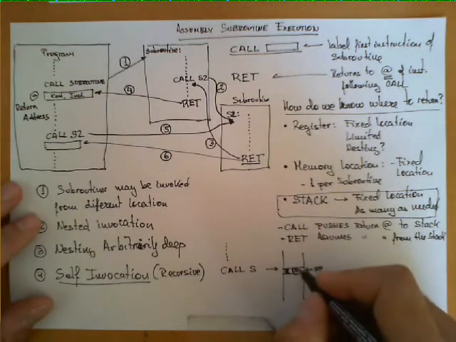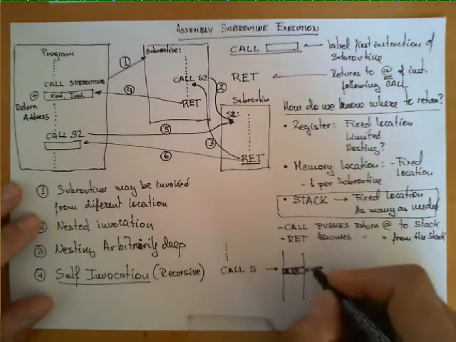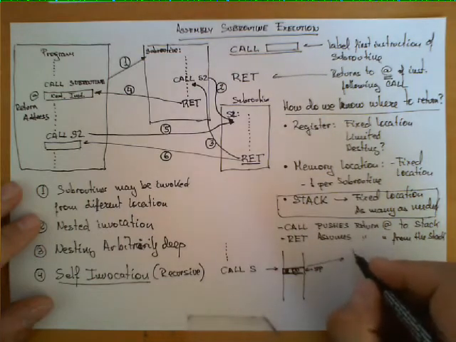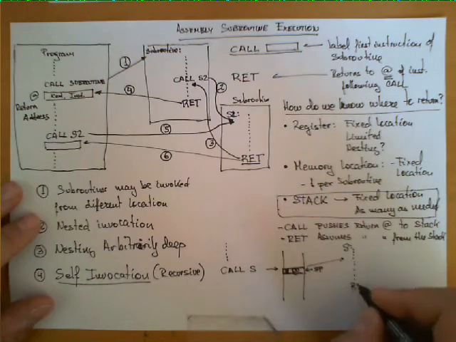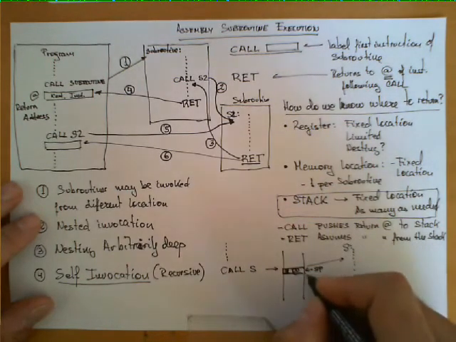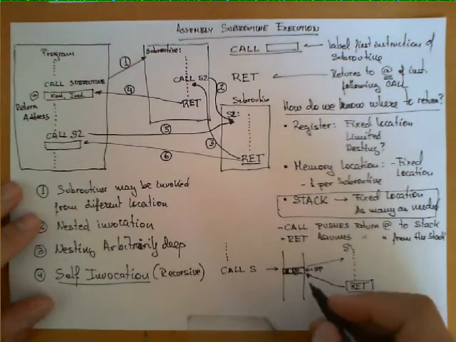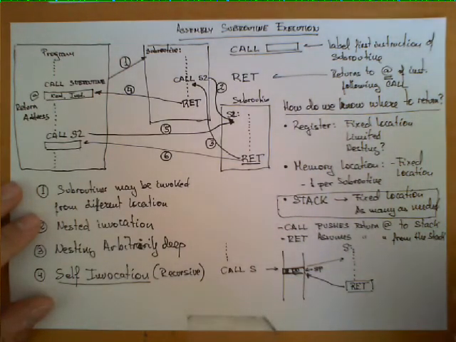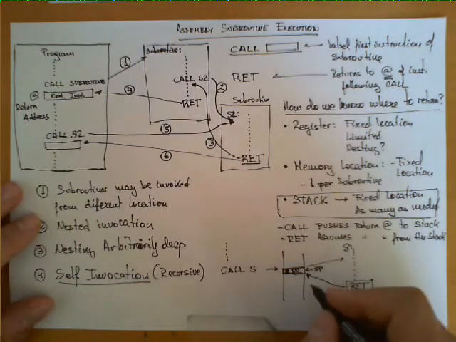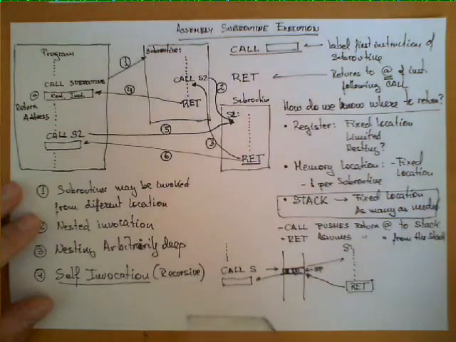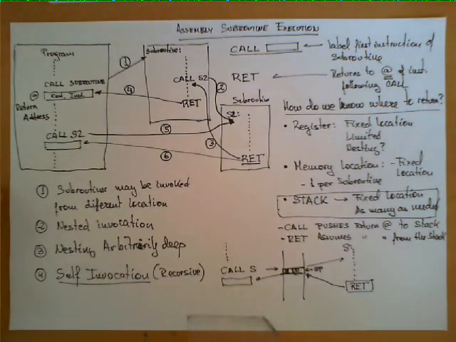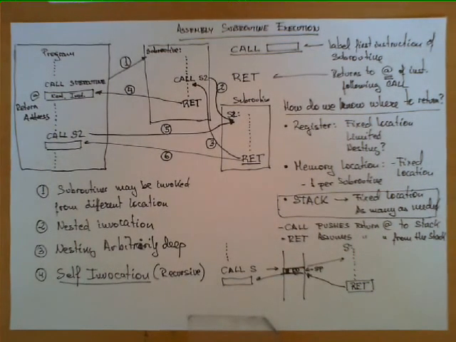And after doing that, it leaves that return address there in the stack such that the execution goes to the subroutine, let's say S. And whenever ret is executed, ret is going to assume that the top of the stack contains the return address. This value is actually going to become the program counter of the microprocessor, and therefore the execution returns to the right location. And this is, as I said, the most common mechanism that microprocessors use to implement subroutine calls.